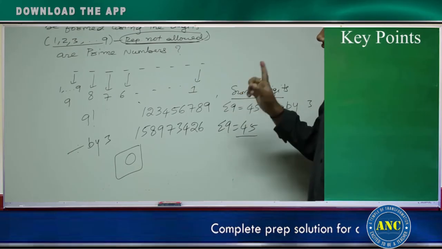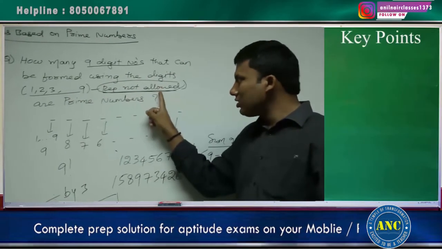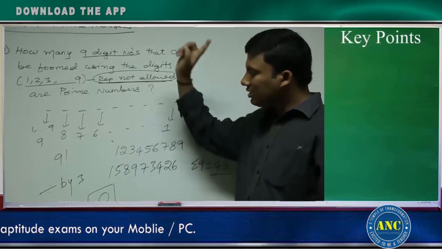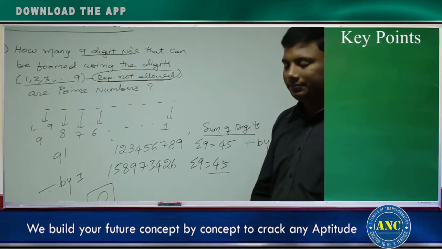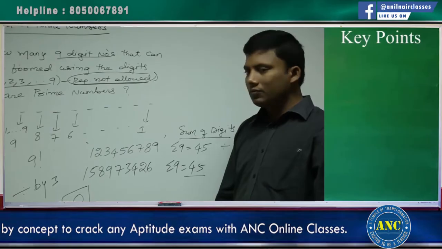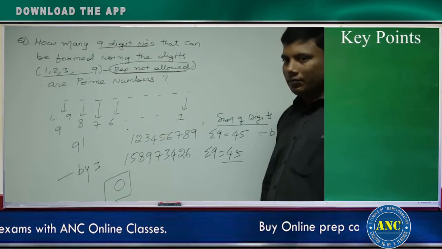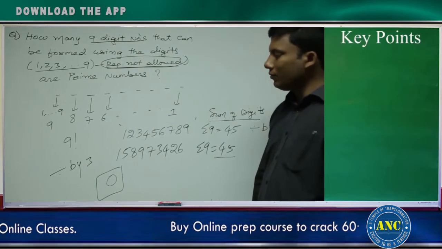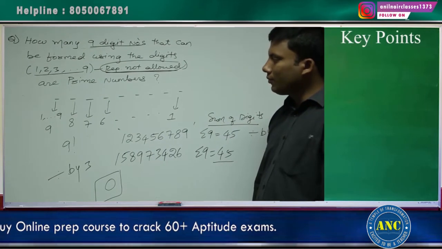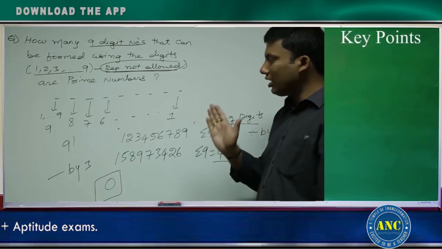So the important key point in this question is that we have to use all the digits 1 to 9, and repetition is not allowed. If repetition is allowed, it may or may not be; that we will discuss in the fundamental principle of counting. The total number of 9-digit numbers without repetition is 9 factorial.